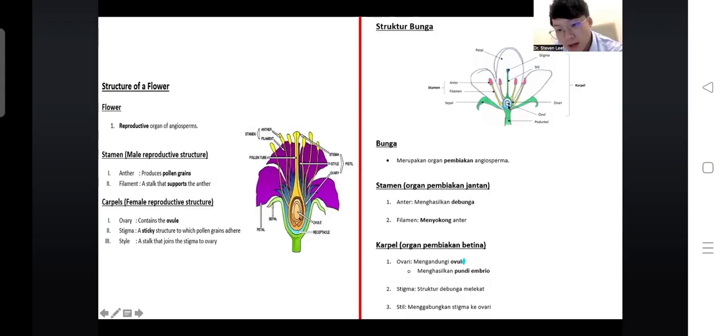Okay? So dia menghasilkan pundi embryo. What is this? Later I'll show you. So stigma, dia adalah struktur di mana debunga melekat. So remember, stigma is very sticky and they have sucrose on it. Style is the one that menggabungkan stigma ke ovary.